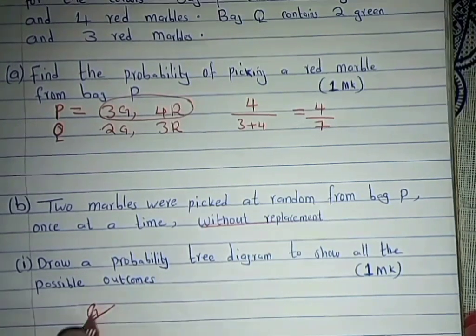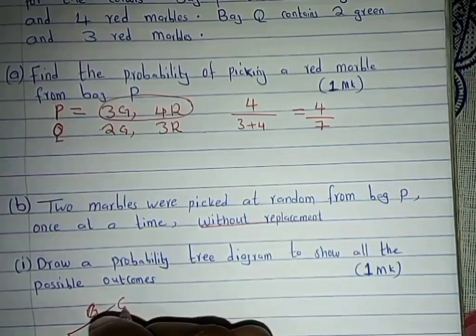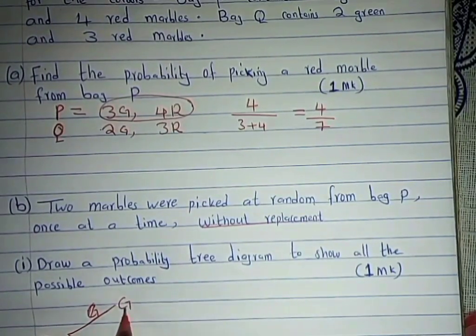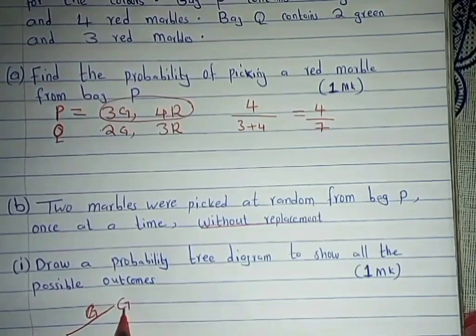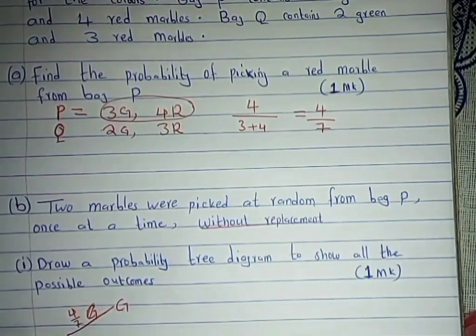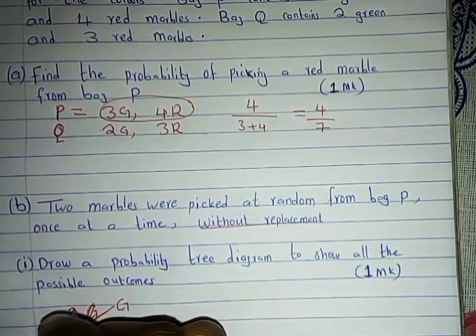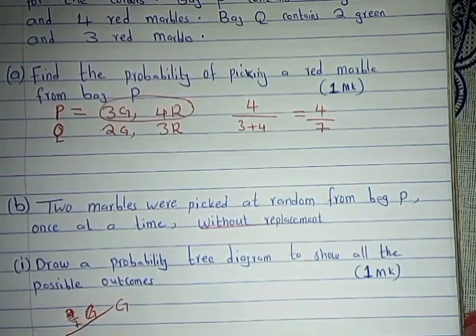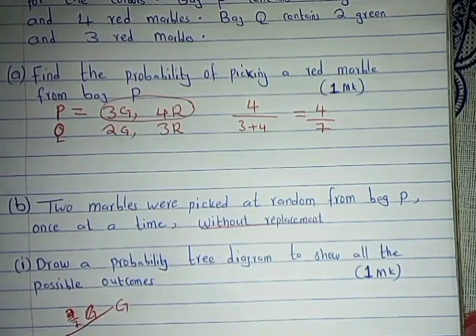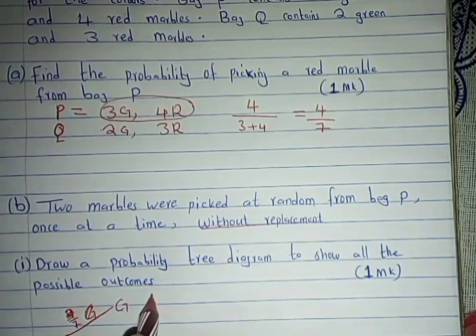The probability of picking a green, because green are 3 of them, will be 3 out of 7, and red is 4 out of 7. But that's the first pick. Then we have the second pick.